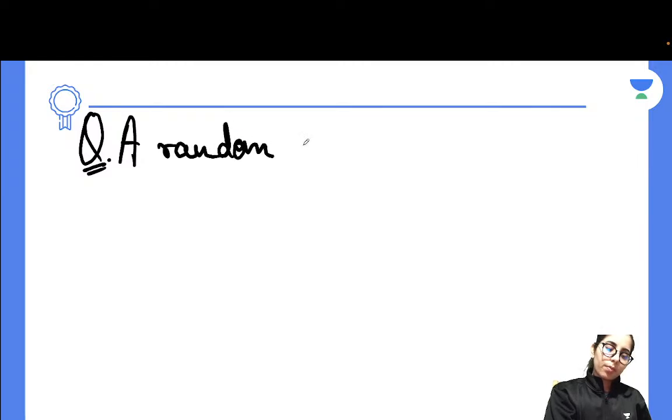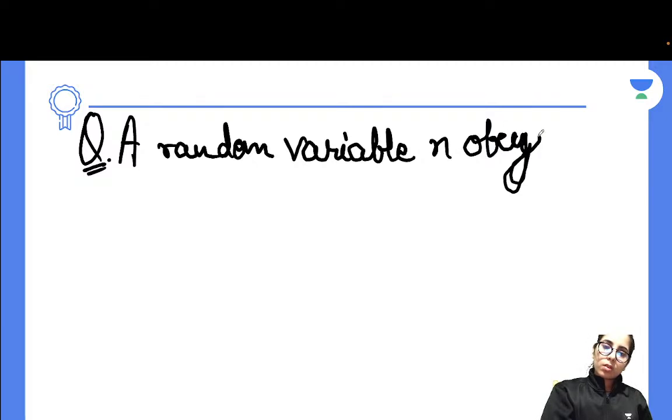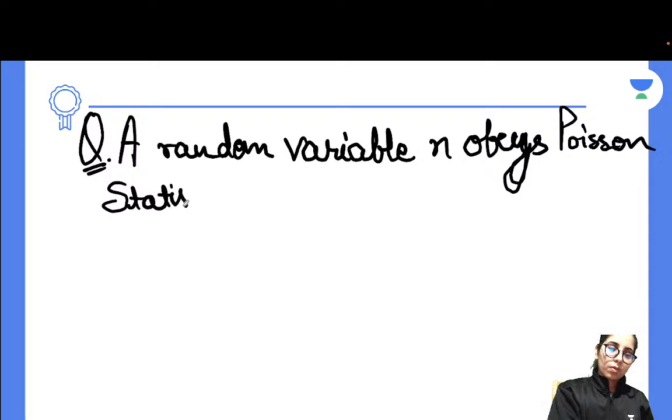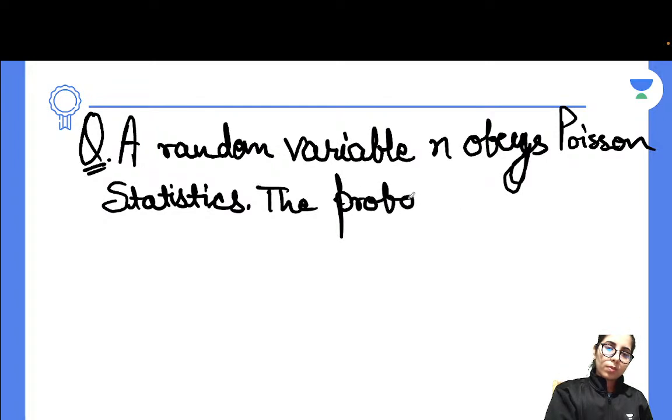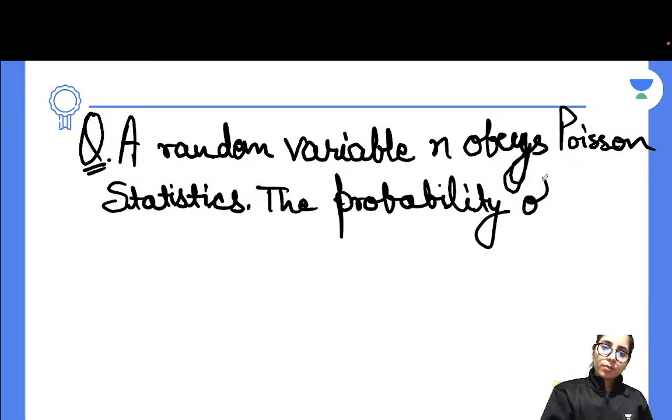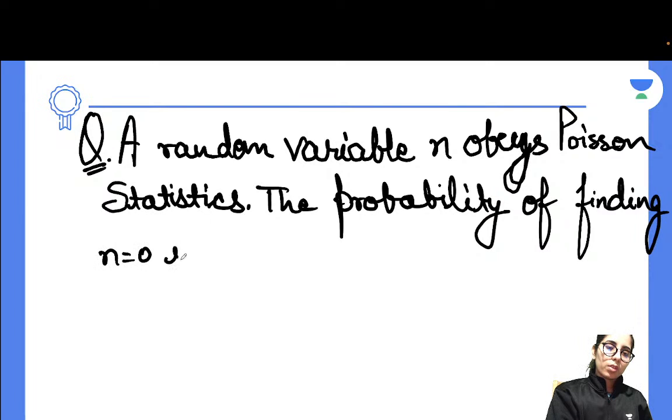Next is a random variable n obeys Poisson statistics. The probability of finding n equal to 0 is 10 to the power negative 6.